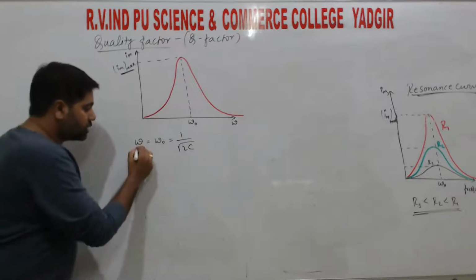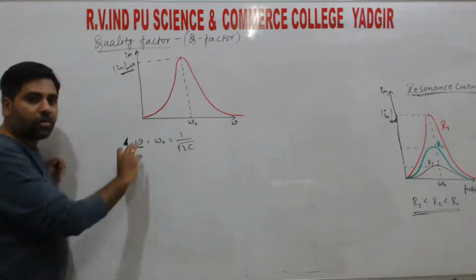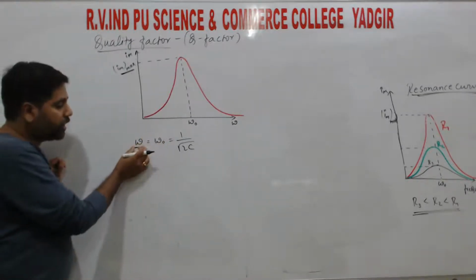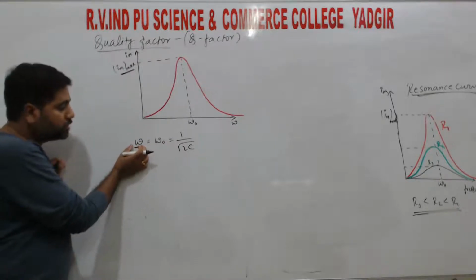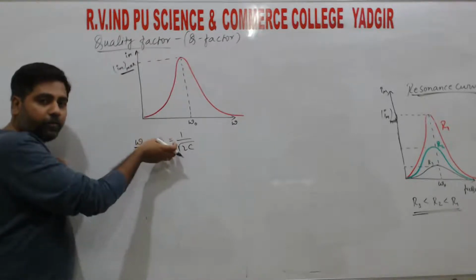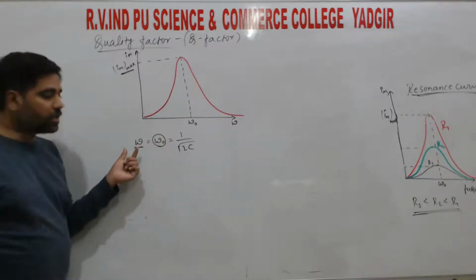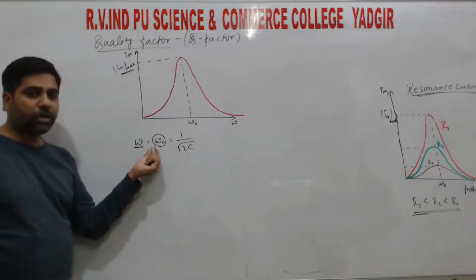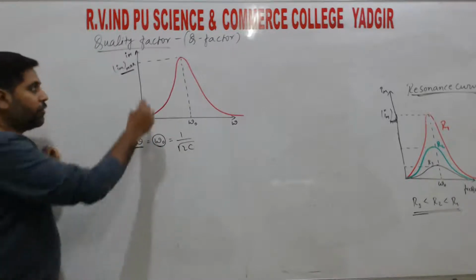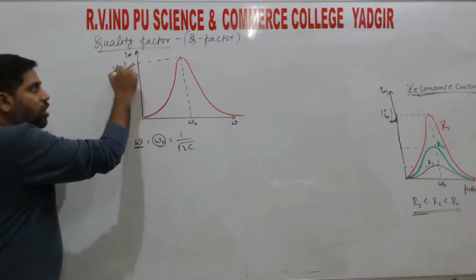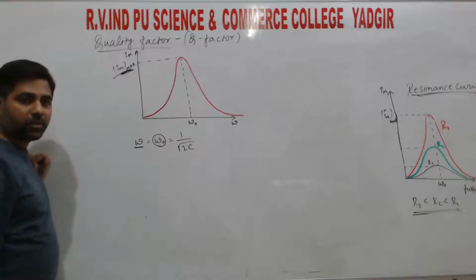If the frequency we are sending is a different value other than omega naught, then we get a current which is always less than the I maximum, right?